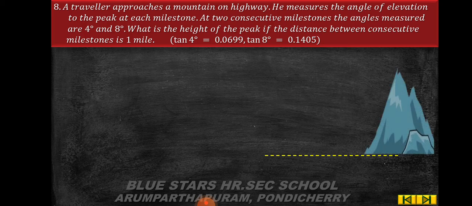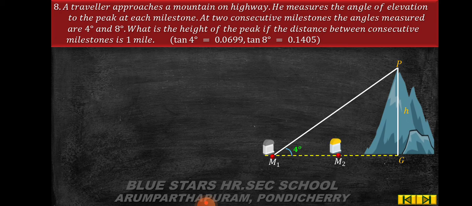So solution, there is a mountain on the highway. So the height of the mountain is PG. We don't know the height of the mountain, so let it be H. And the first milestone angle is 4 degree. Then there is a second milestone. Then the angle of elevation from the second milestone to the top of the mountain is 8 degree.